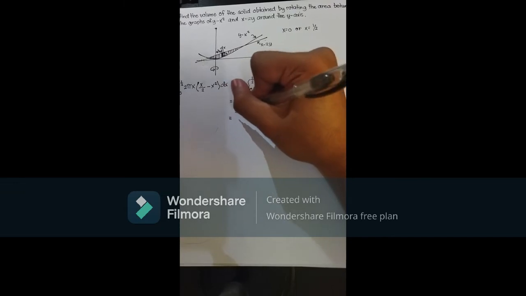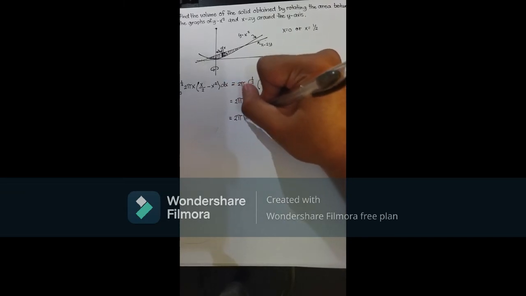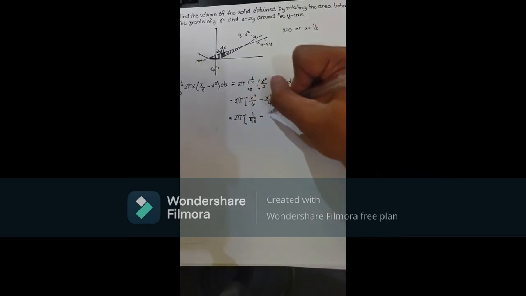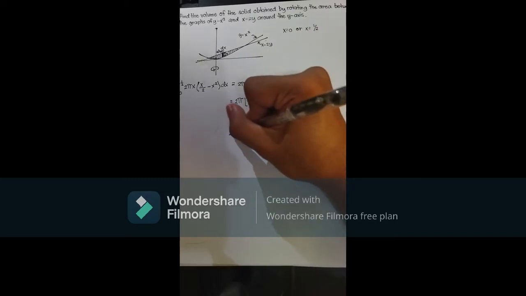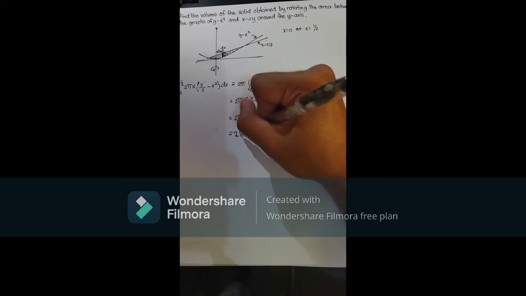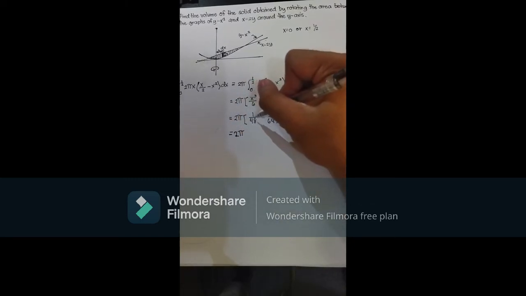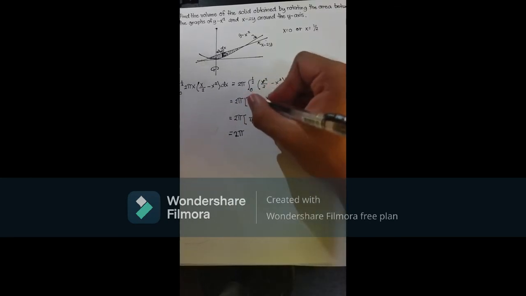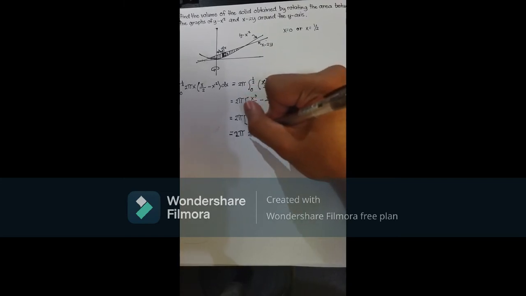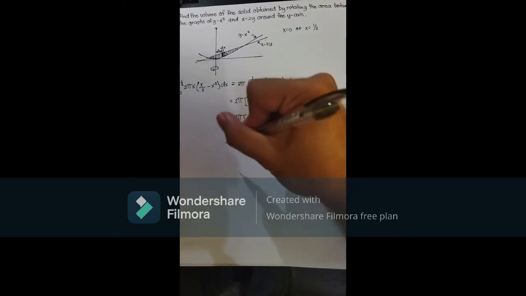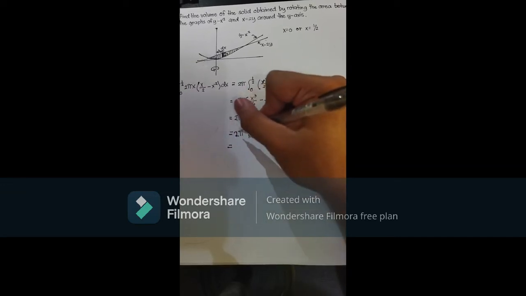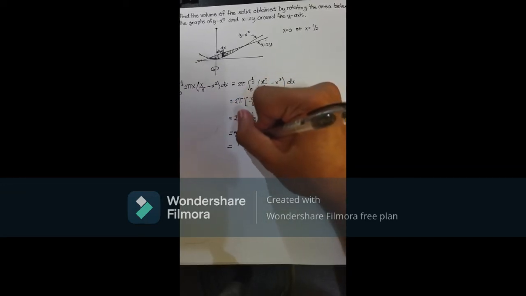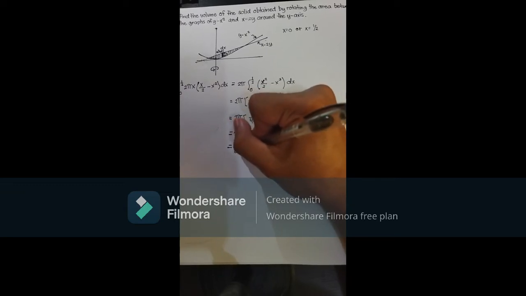So it equals 2 pi times 1 over 48 minus 1 over 64. Then combine: 1 over 48 minus 1 over 64 equals 1 over 192. And the final answer, canceling, is pi over 96.